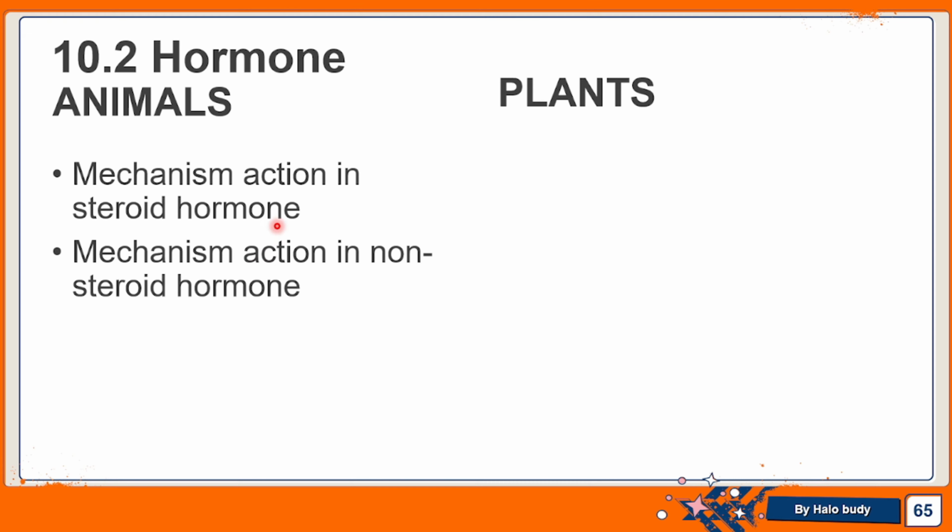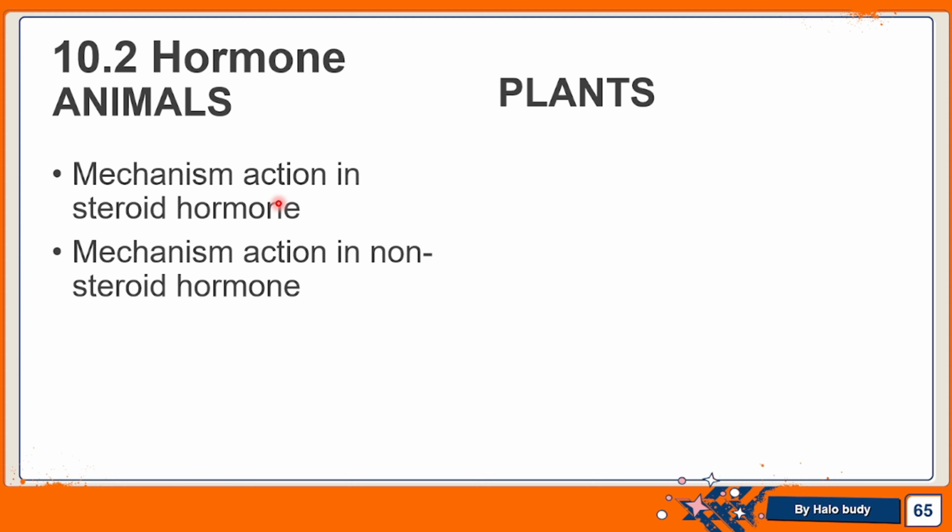You need to know which type they are, because different types of hormone have different mechanisms. Steroid hormones have their own mechanism. Non-steroid hormones have their own mechanism. So what is the mechanism? It is how the hormone triggers the reaction. We know that the role of insulin is to decrease the blood glucose level when it is high, right? So how does it decrease the blood glucose level? How does insulin go to the liver and bind to the liver cells?